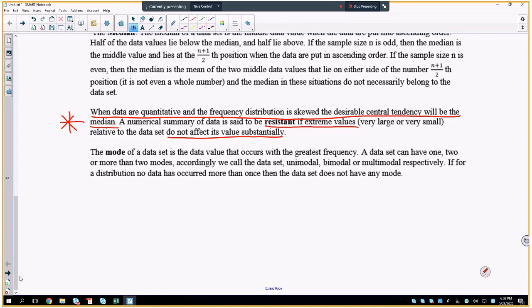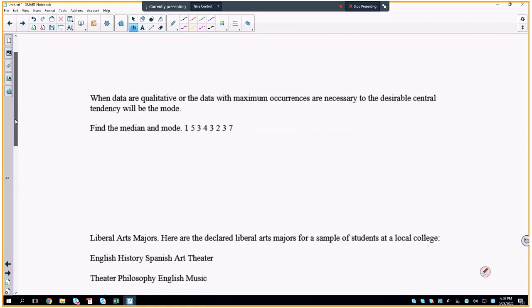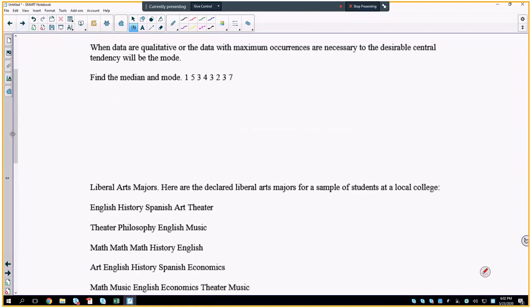If no data occurs more than once in the distribution, then it just won't have any mode. All right. When the data are qualitative, then the mode will be the desirable central tendency.